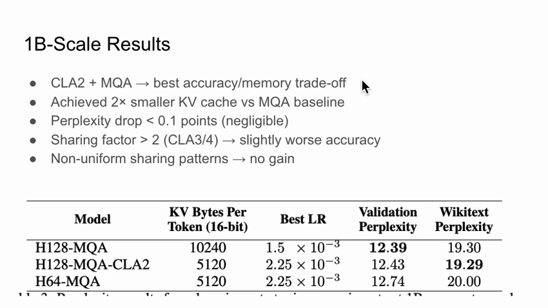At 1B scale, CLA2 consistently shifted the Pareto frontier, same accuracy for half the memory. Using larger sharing factors like 3 or 4 made the models less accurate, suggesting that adjacent layers are similar, but not too similar to share across many layers.